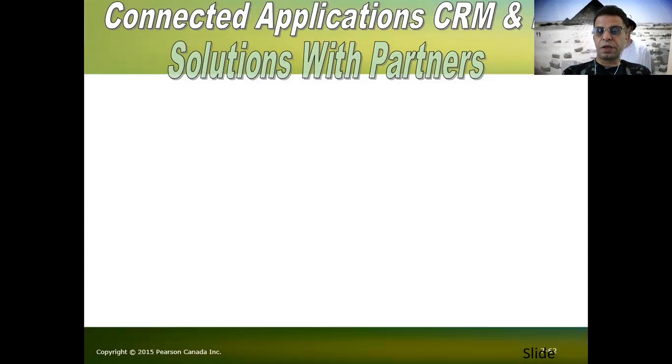So connected applications, as we said, CRM and ERP with the solution with the partners. Partners usually could be partners who are supplying you these tools or partners who are reselling these tools for you. And it is about how you manage them.